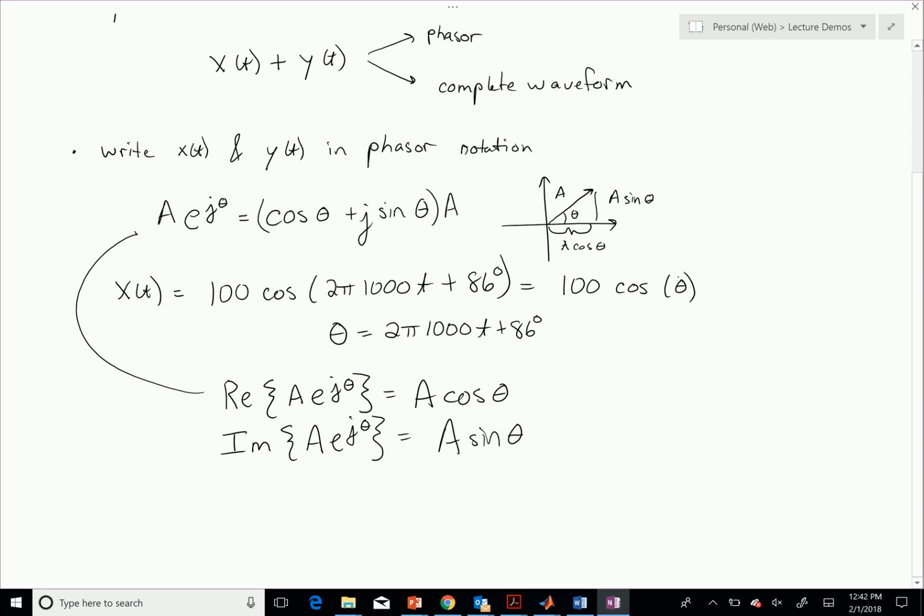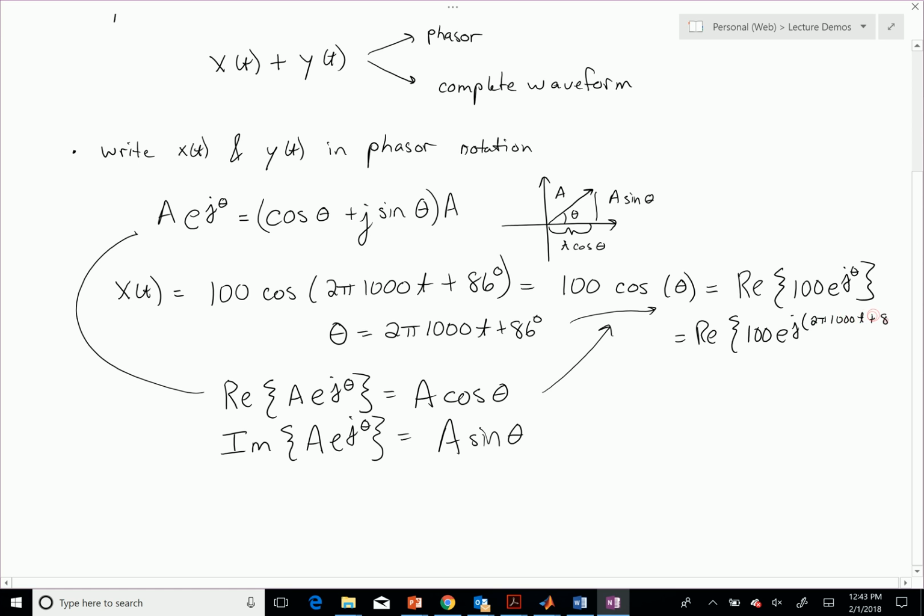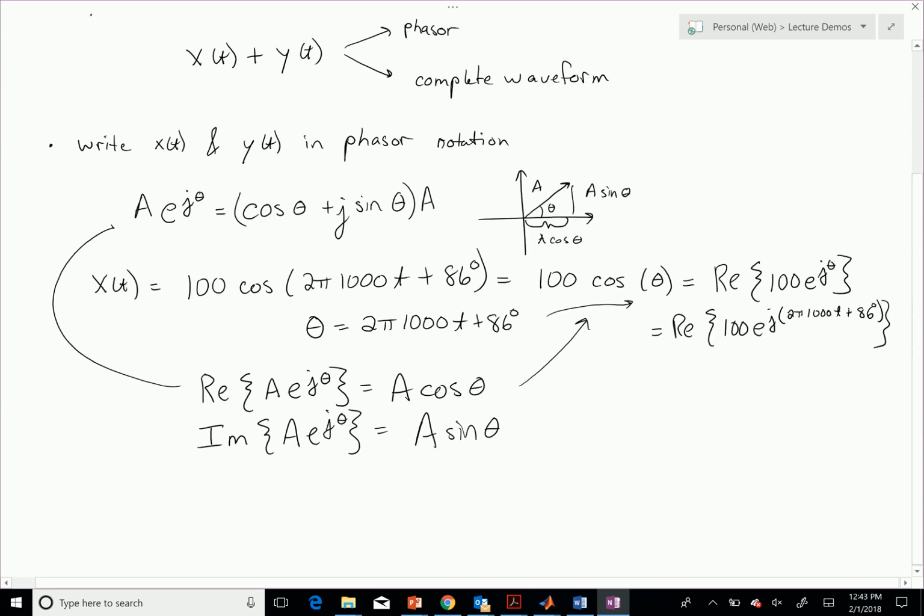So what I can see is that, using this relationship, this must be the real part of 100 e to the j theta, which, given the way I have defined theta, is the real part of 100 e to the j times the whole angle, 2 pi 1000 t plus 86 degrees. It's the real part of that whole thing.